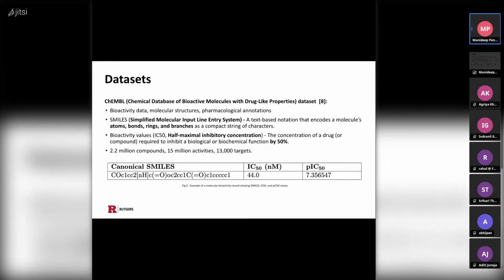So IC50, in layman's terms, would be potency, like the concentration of a drug that is required to inhibit a biological function. That means at what level it'll start showing its effect. So the higher the value, the better it is. This data set is quite large. It has over 2 million compounds with 15 million activities and 13,000 targets. So it has different compounds which have different targets, and targets here are basically diseases.